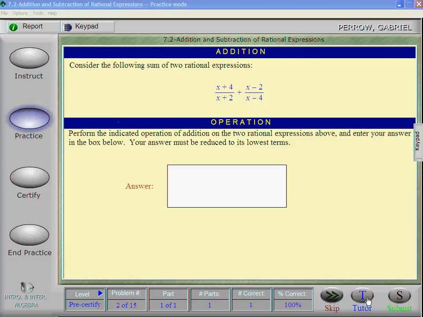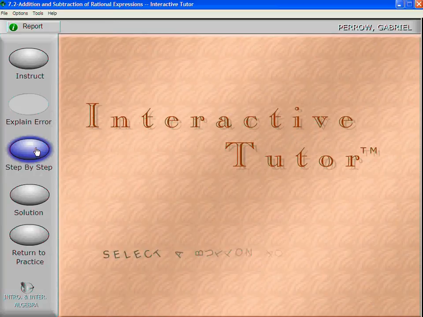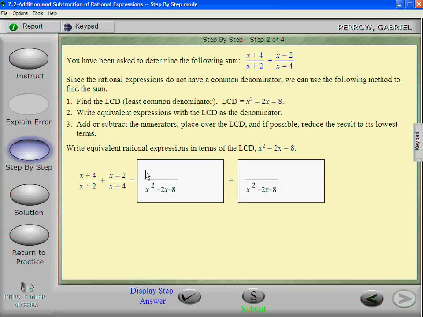So we go into the tutor mode. You can see the step-by-step. I've already started this one a little bit to see how they were going to do it. The first question they asked was, what's the lowest common denominator?